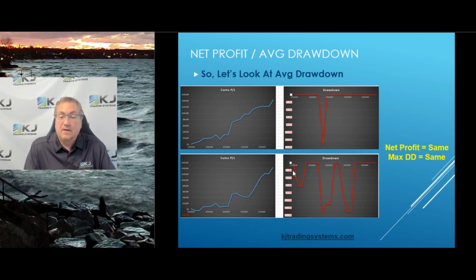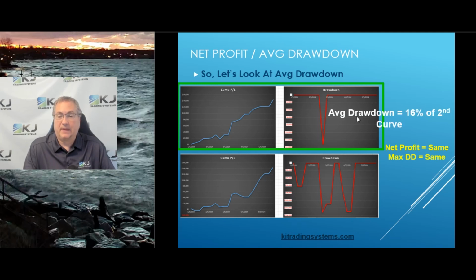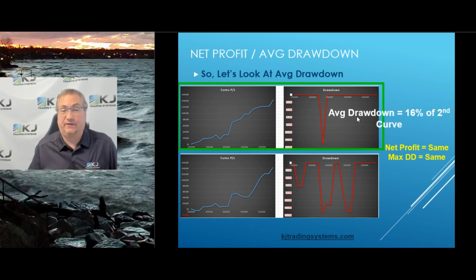So you can add up all these drawdowns for every day, and you can figure out that the average drawdown for number 2, the bottom one, is a lot more than the average drawdown for number 1. So number 1, the top one, is clearly the better equity curve. In fact, in this particular example, it's only 16% of the second curve.